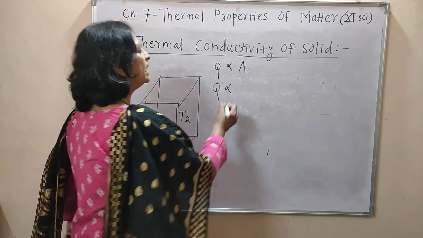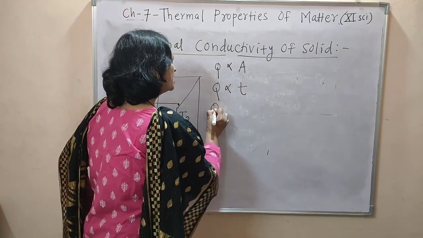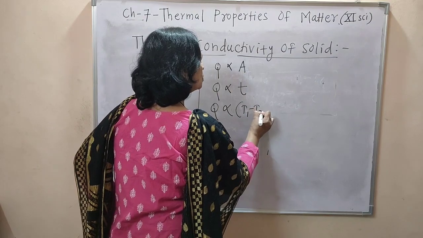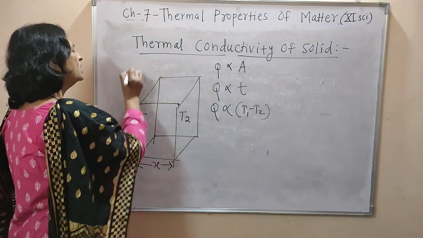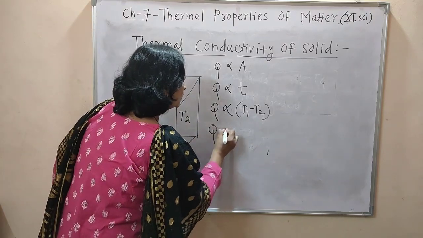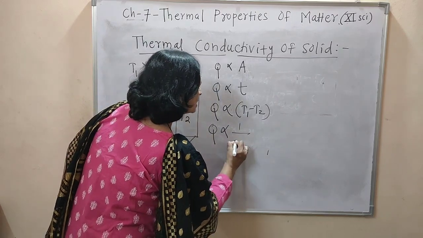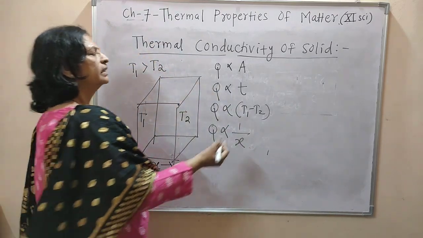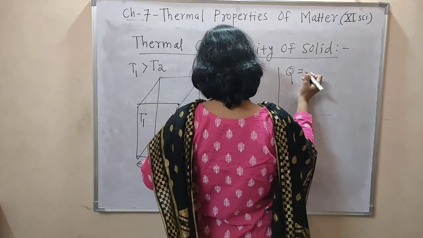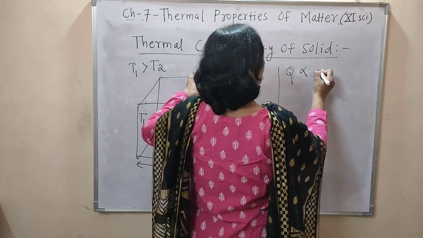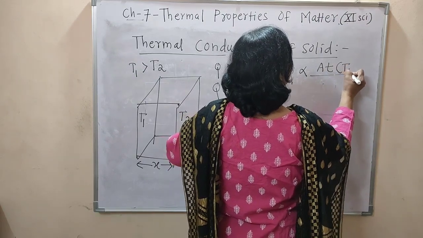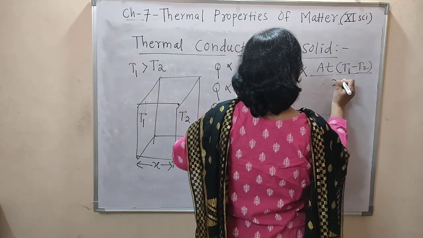The heat flowing through this glass slab is also directly proportional to the time, and directly proportional to the temperature difference T1 minus T2, because T1 should be greater than T2. And that heat flowing through the slab is inversely proportional to its distance. Then combining all these factors, we can write Q is proportional to A into t into T1 minus T2 divided by x.